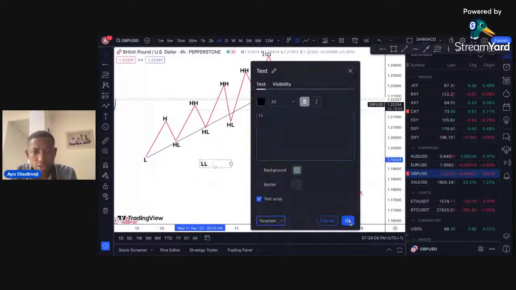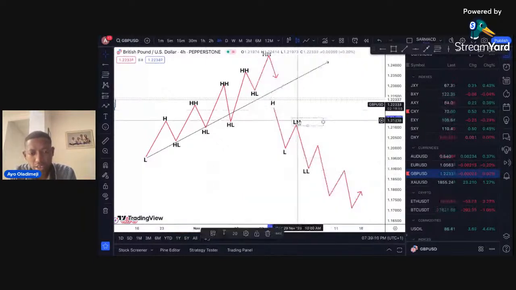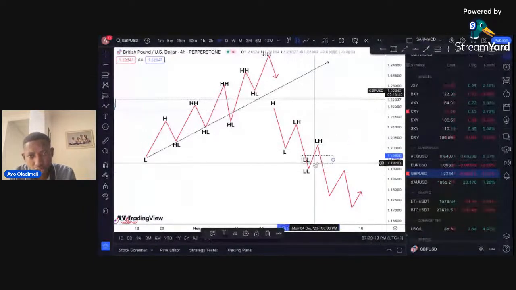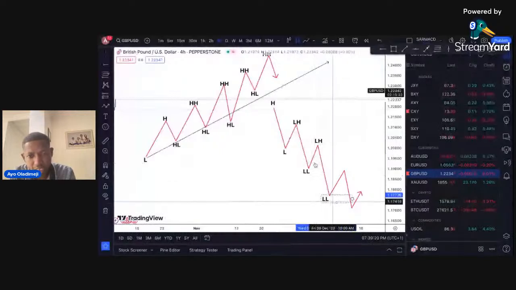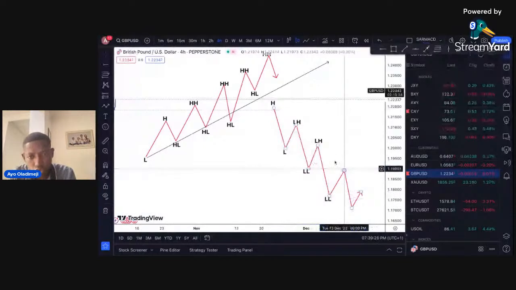Okay, so this lower low, then we have another correction from a lower low to a lower high, then we have an impulse from a lower high to a lower low, and then a correction from a lower low to a lower high.